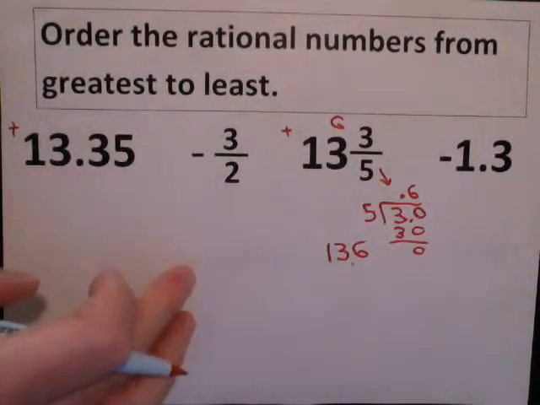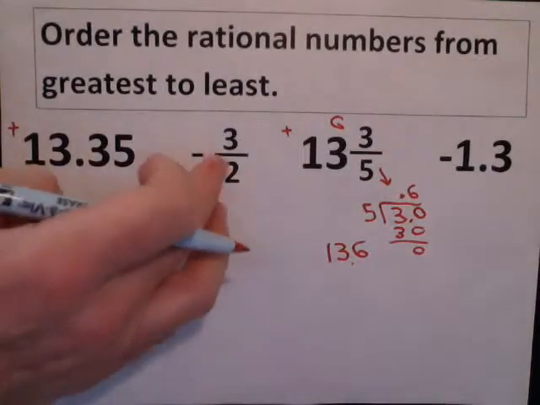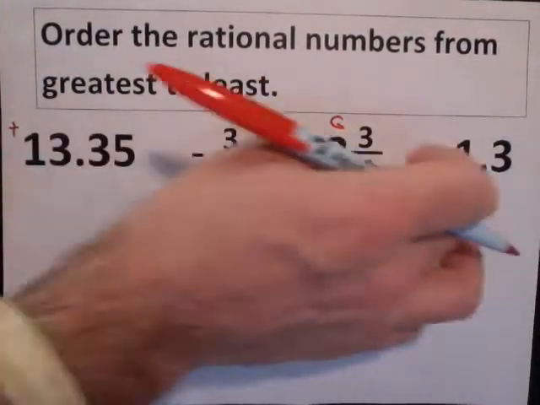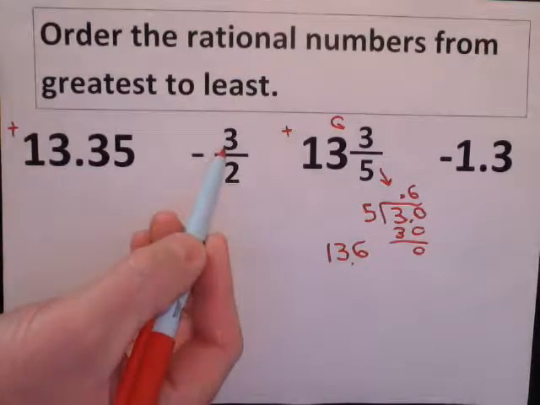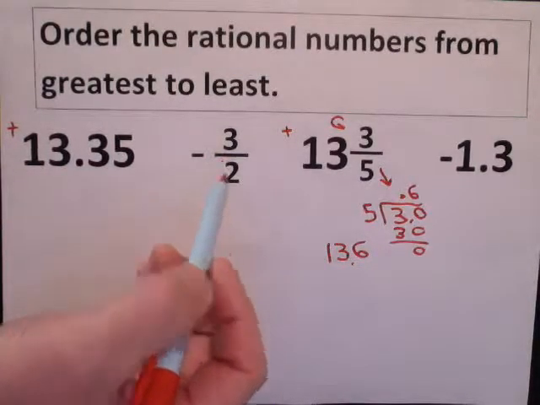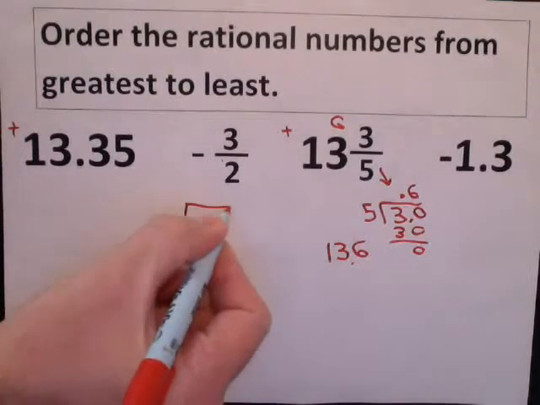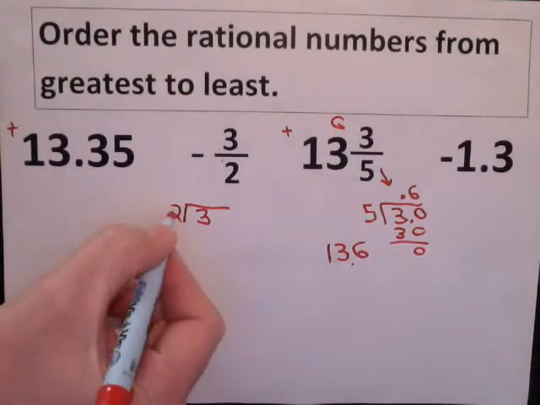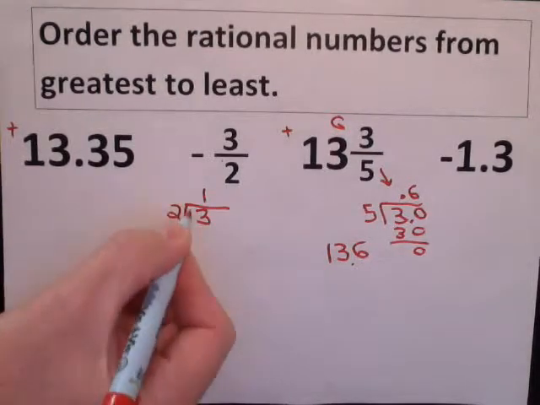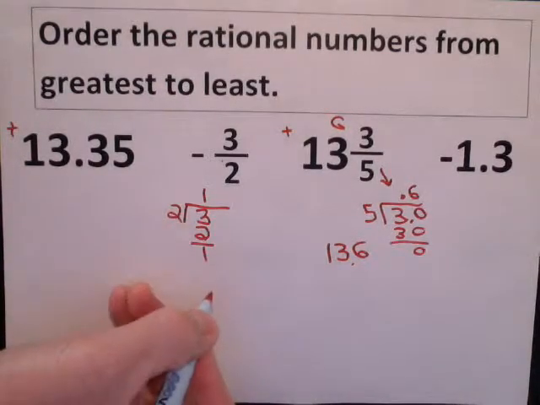Alright, now what we're going to do is compare the two negative numbers. Now, what's nice is we can see that this is going to give us a mixed number. So if we do the division for 3/2, we put the 3 in here, and 2 out here is our divisor. 2 will go into 3 one time, multiply, subtract.